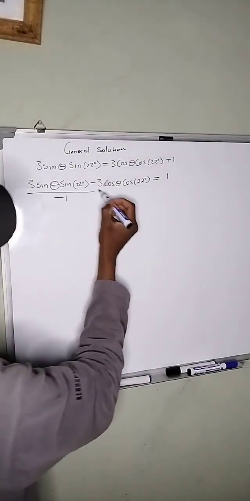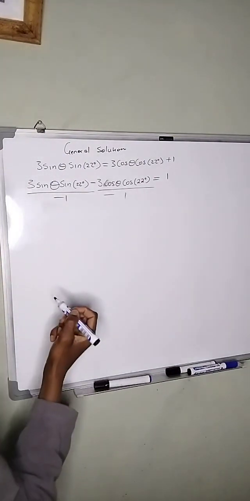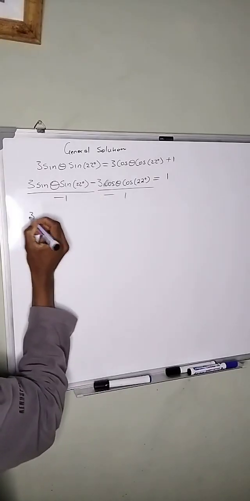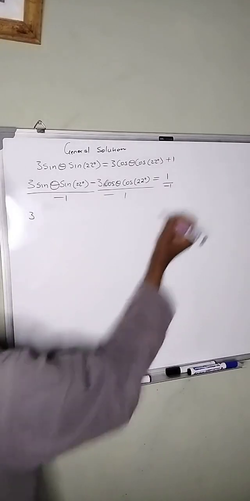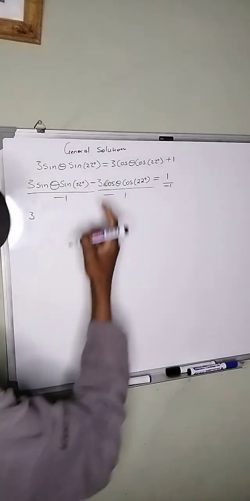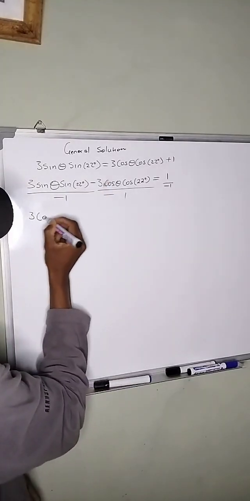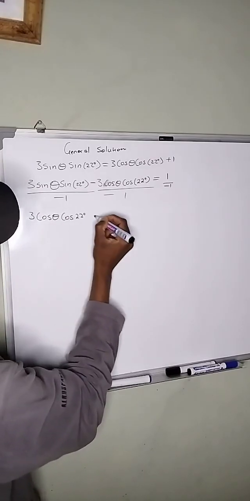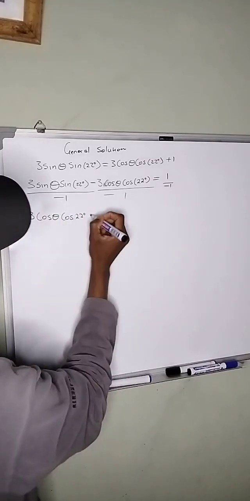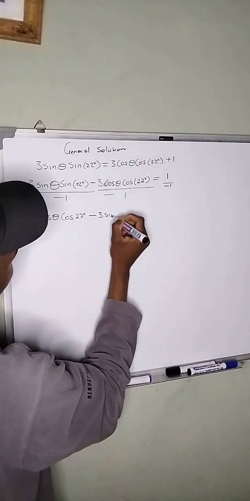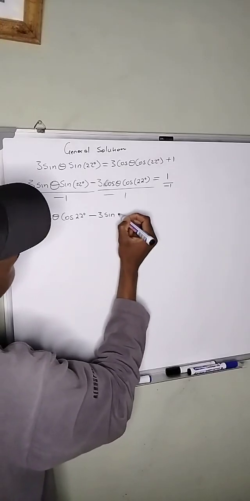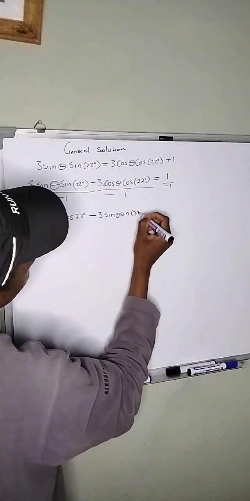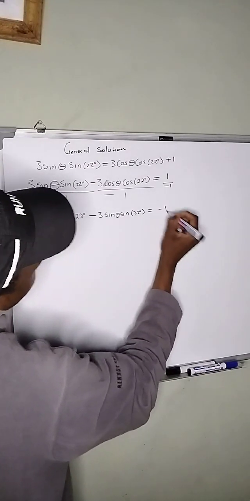This term by 1, this term by 1. This divided by that is going to be positive. So I'm going to have 3 cos theta cos 22 degrees minus 3 sine theta sine 22 is going to be equal to negative 1.